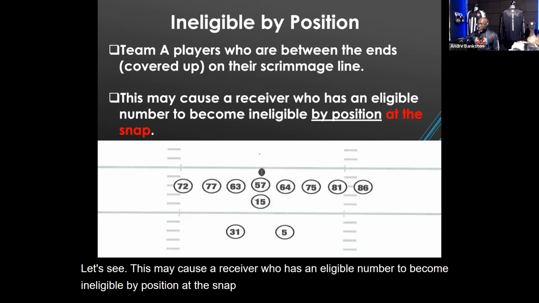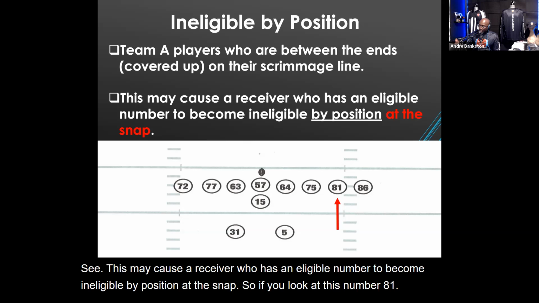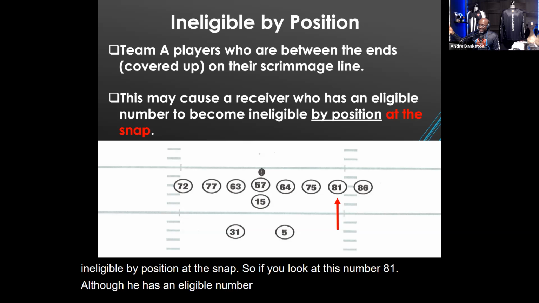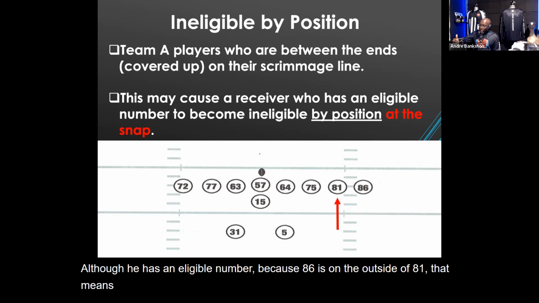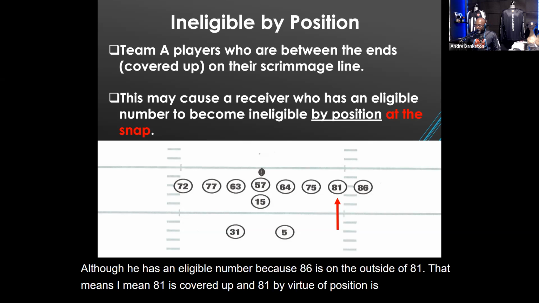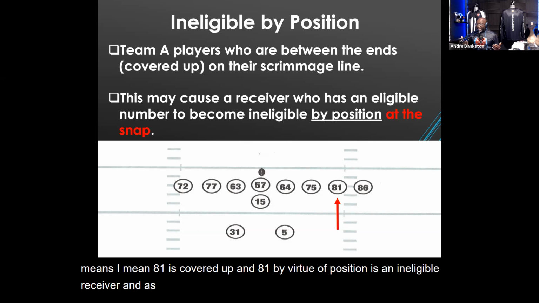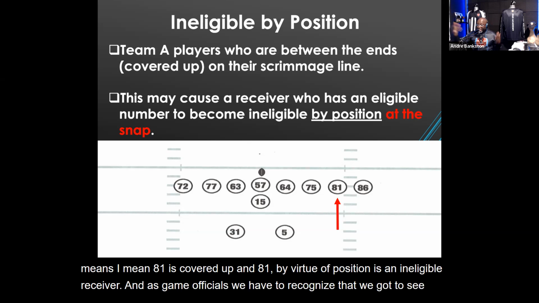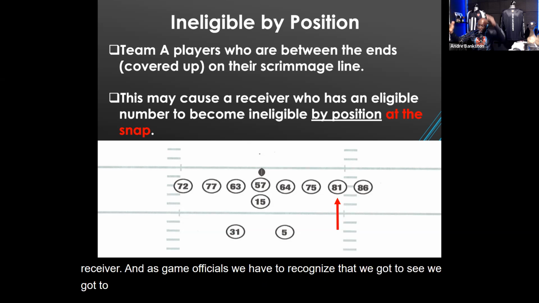So if you look at this, number 81, although he has an eligible number, because 86 is on the outside of 81, that means 81 is covered up, and 81 by virtue of position is an ineligible receiver. And as game officials, we have to recognize that. We've got to signal, talk to each other, point. Hey, we got to be mindful of 81.